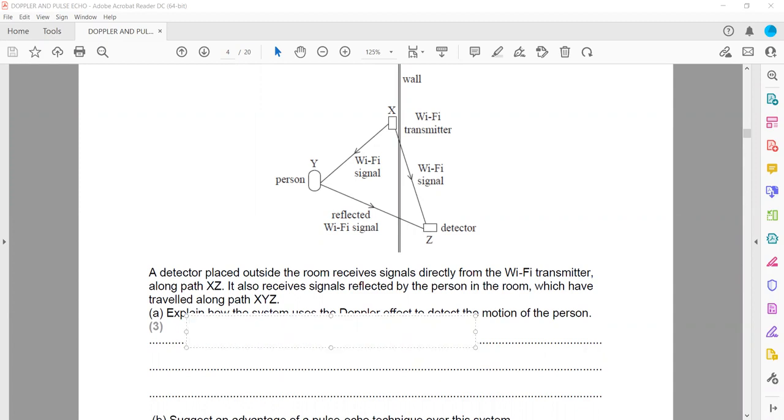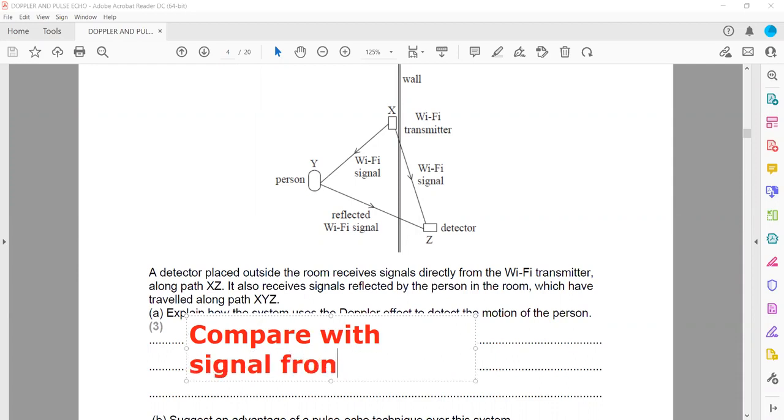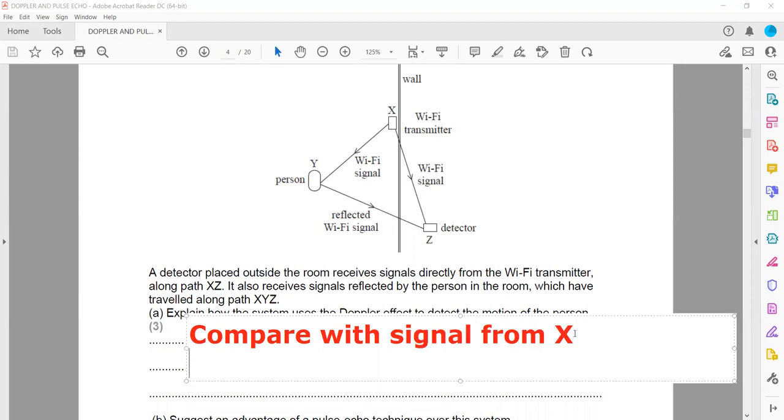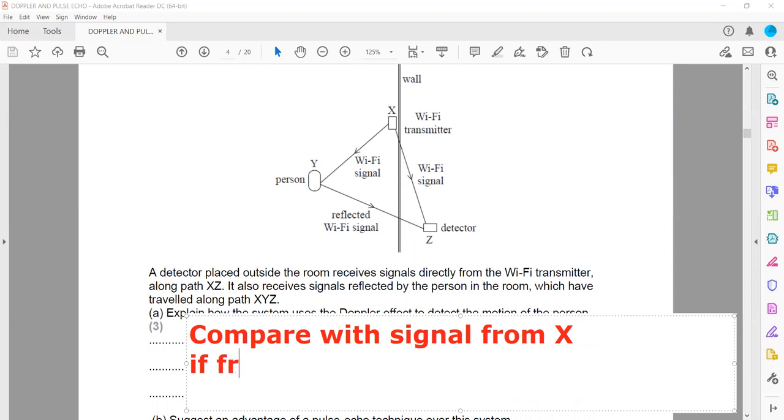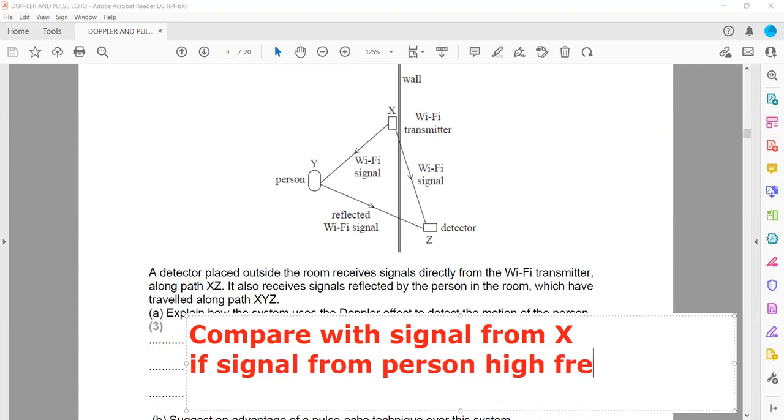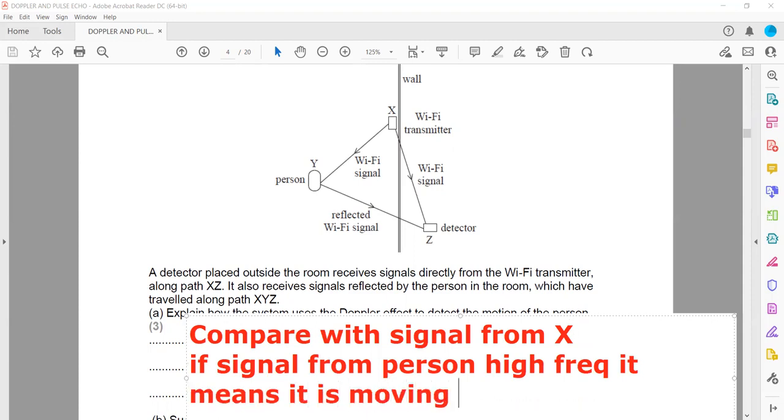So compare with signals from X. If the frequency increases, it means the person is moving towards.